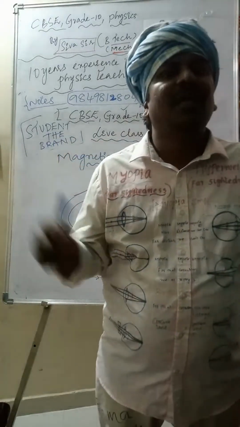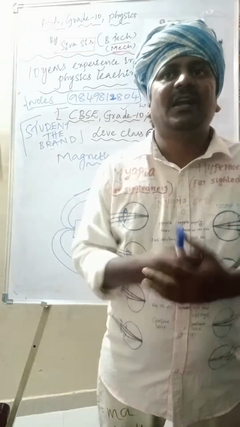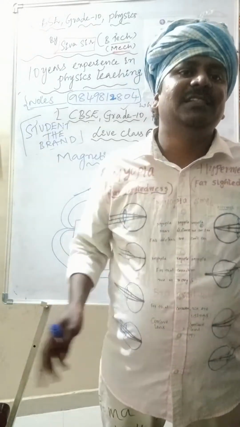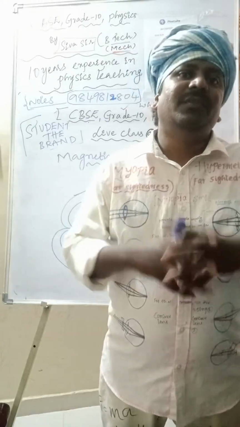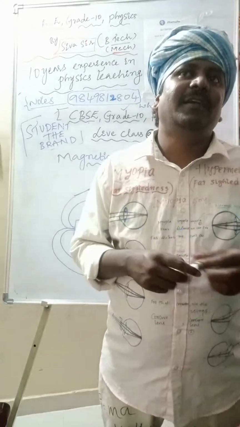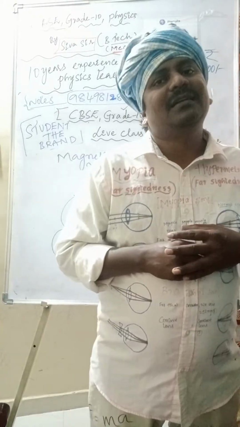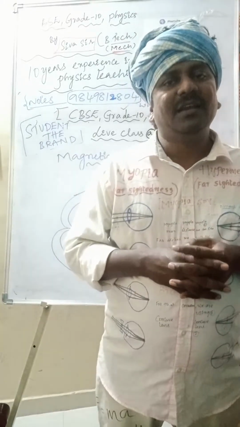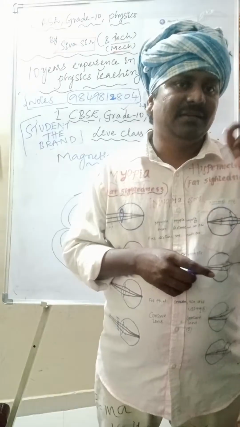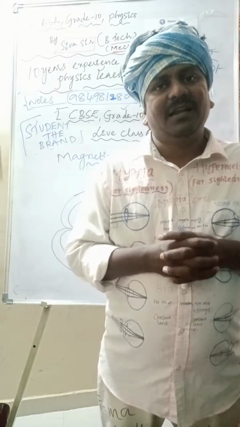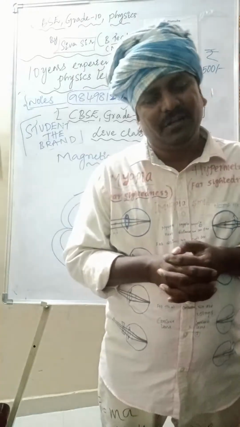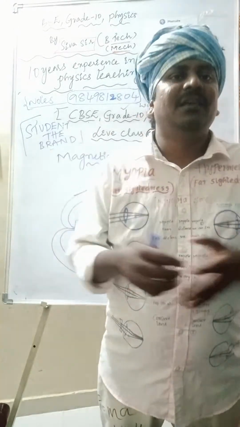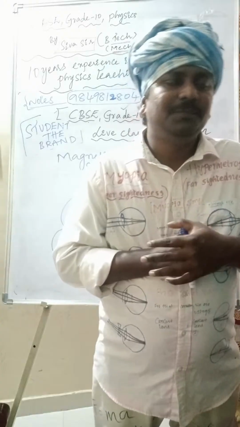That is, when the current is passing through the conductor, the conductor exhibits a magnetic field.